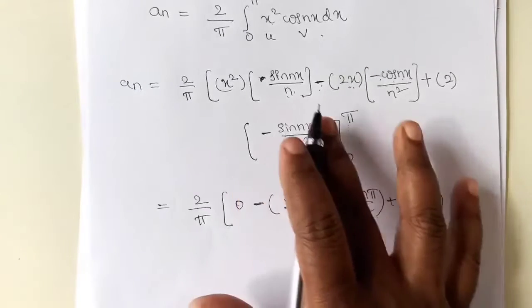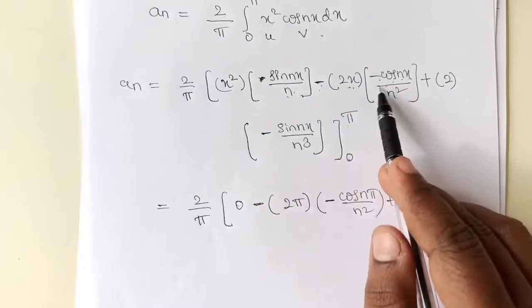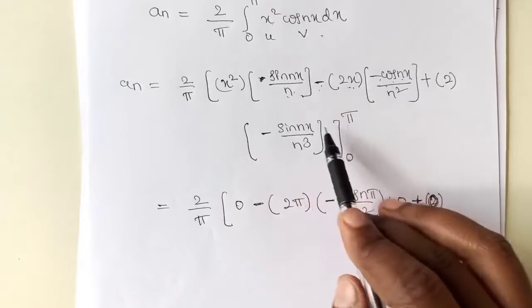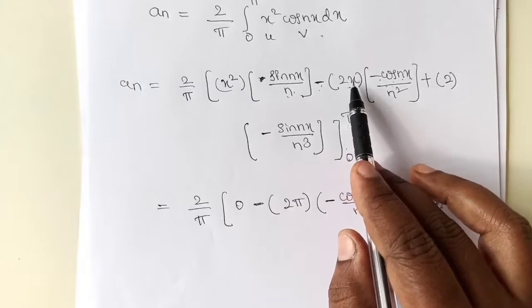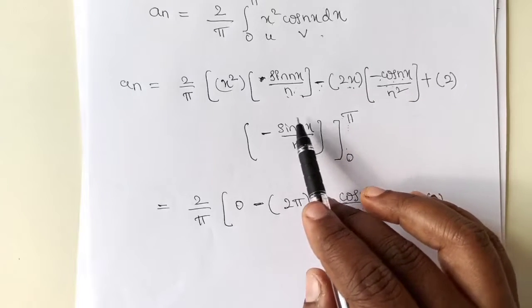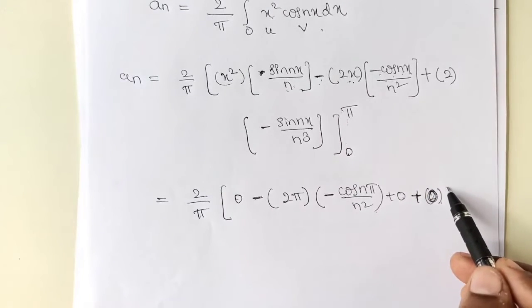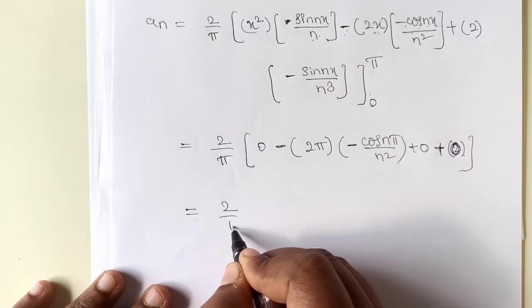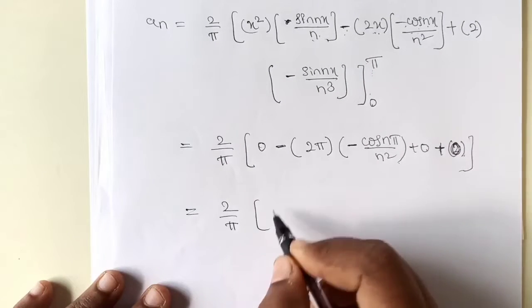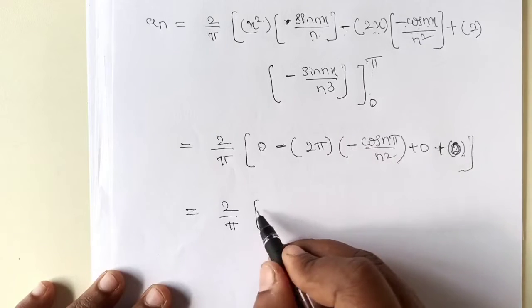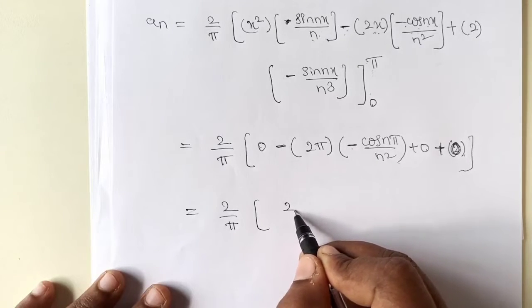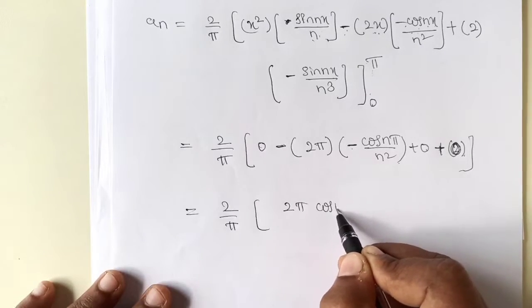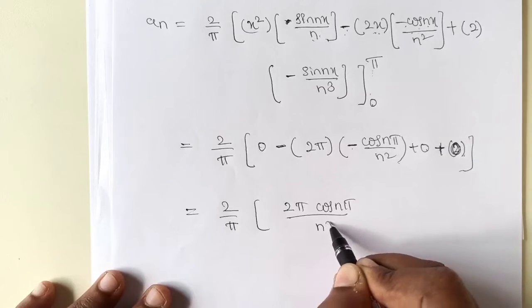For the lower limit all these three terms become 0, because sin of 0 equals 0, here 2 into 0 equals 0, and this sin of 0 equals 0, so the lower limit totally becomes 0. Therefore here we get 2 pi, minus into minus plus, 2 pi cos n pi divided by n square.